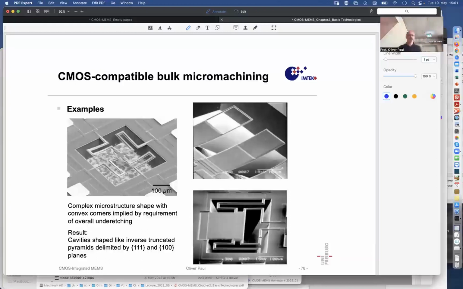So here you see examples of structures that actually were generated by me and my collaborators many years ago. Some beam structures, as you see here on the right-hand side, or a beam structure also with some additional arms doing something meaningful. They're not here only just to look beautiful.